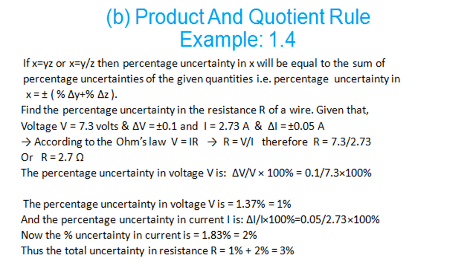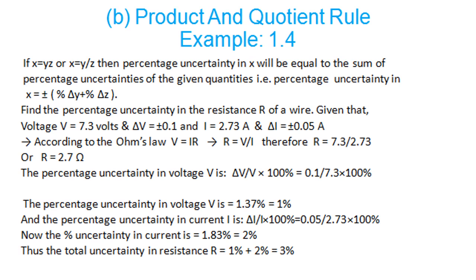Now according to Ohm's law, V is equal to IR, or R is equal to V over I. Therefore R is equal to 7.3 divided by 2.73, or R is equal to 2.7 ohms.